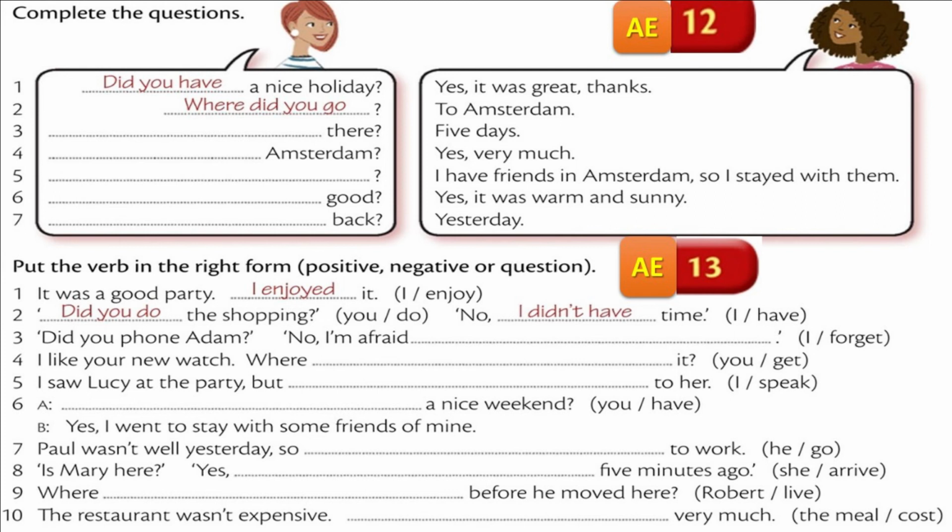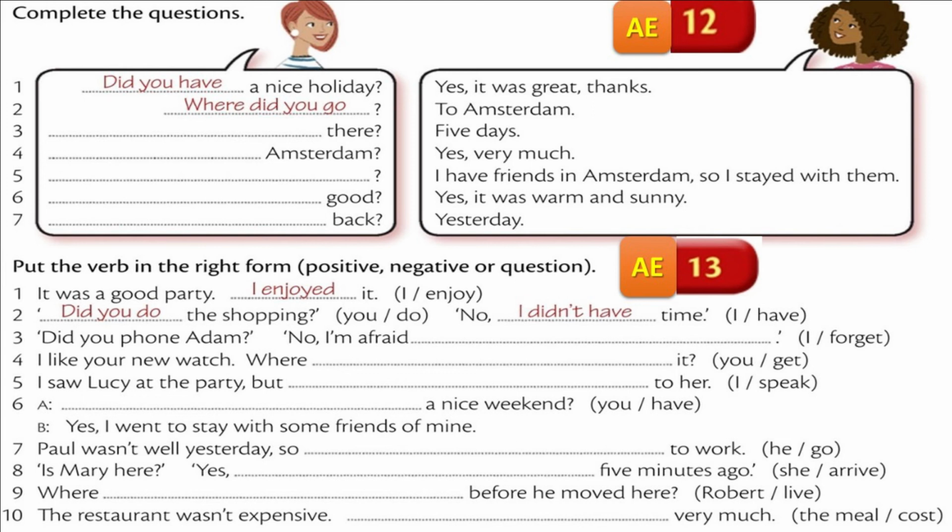Did you like Amsterdam? Yes, very much. Number 5. Where did you stay? I have friends in Amsterdam, so I stayed with them. Number 6. Was the weather good? Yes, it was warm and sunny. Number 7. When did you get back? Yesterday.